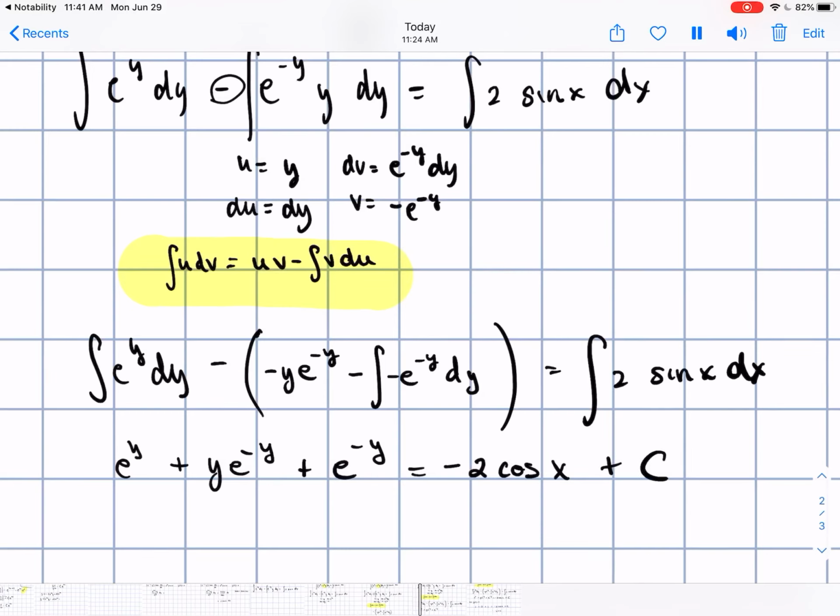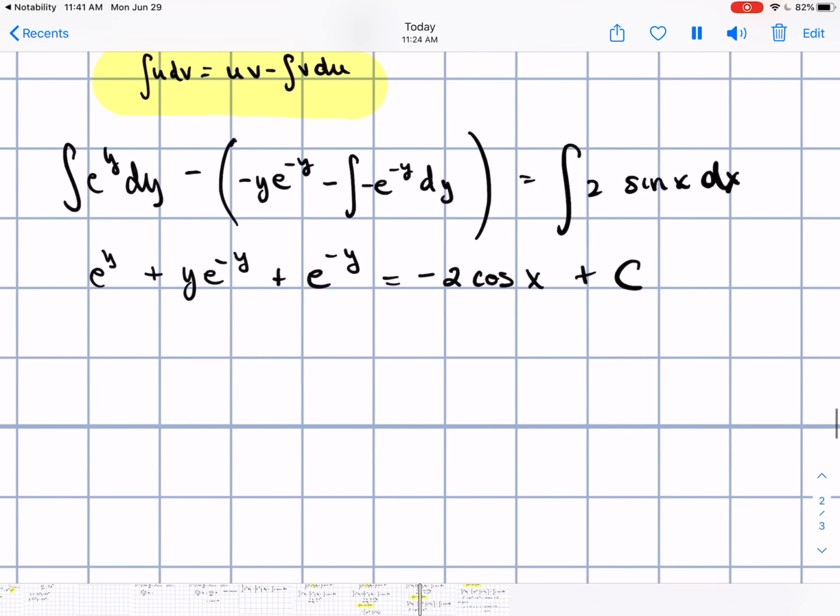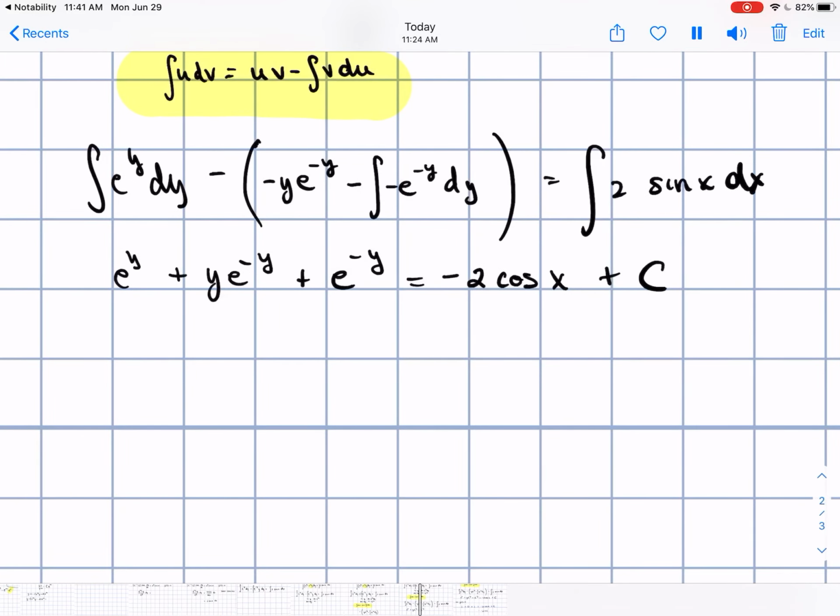and then I always leave the c on this side. At this point, with the initial value, let's just plug in and solve for c. So I'm going to use y of 0 equals 0, right? So y and x are both 0.